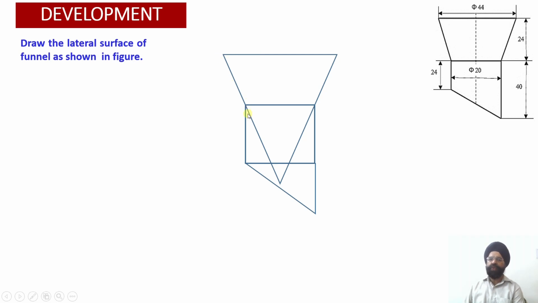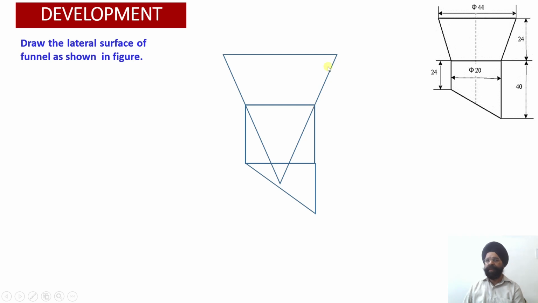Now, as usual, we need to draw two circles, one corresponding to 44 millimeter diameter and another corresponding to 20 millimeter diameter. Since we have to save space because the development also has to be drawn, rather than making a full circle, we are going to draw a semicircle here and another semicircle here.